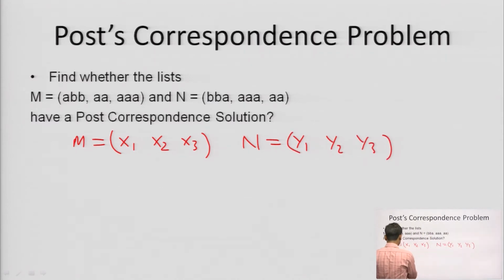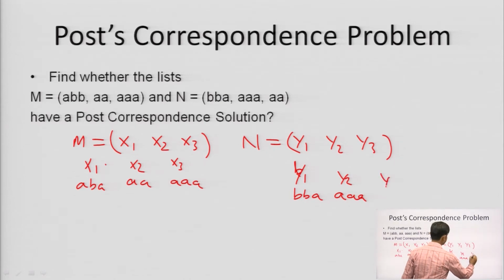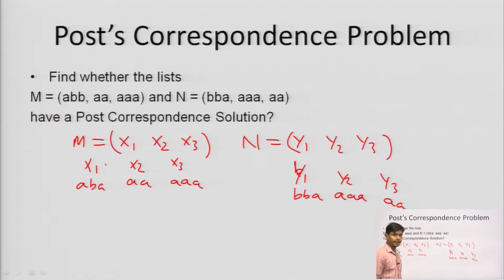Here x1 is aba, x2 is a, x3 is aaa. Similarly, y1 is bba, y2 is a, and y3 is aa. We have to check whether we will find a solution or not.